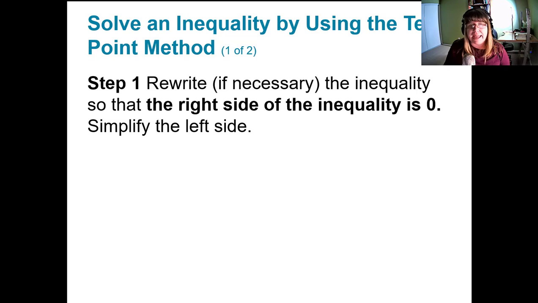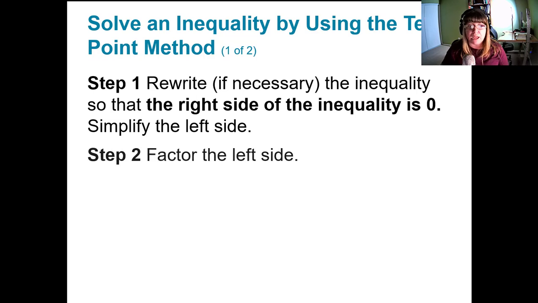Let's look at how to solve an inequality by using this test point method. The first step is to rewrite, if necessary, the inequality so that the right-hand side of the inequality is 0, and then simplify the left-hand side as best as possible. Second, you're going to factor the left-hand side.